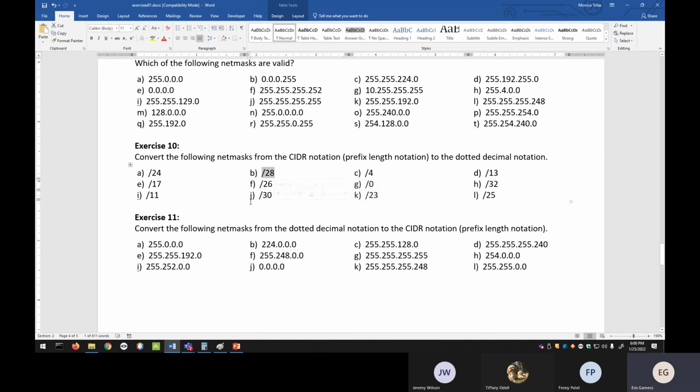So it's 24 plus 4. So 255, 255, 255. And the last byte will be 1111 0000. What is this value? 240.